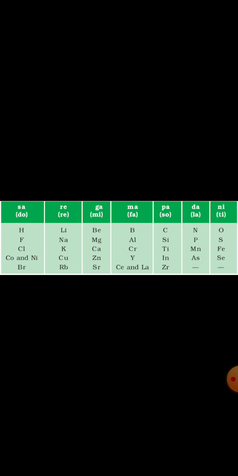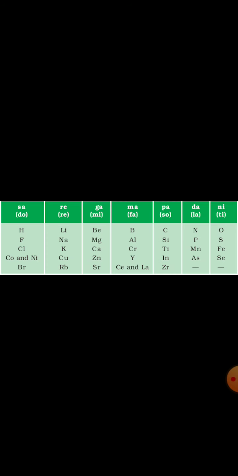He arranged the elements from hydrogen to thorium in increasing order of atomic masses, and when he arranged them this way, the first element had properties similar to the eighth element, and this was repeated.